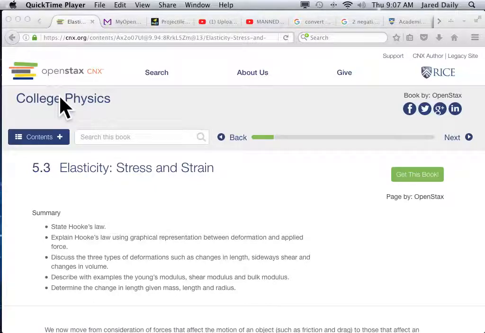Okay, so the challenge of the day is a couple of these problems that have things on a slope, multiple objects in them with friction and forces and accelerations and everything else.